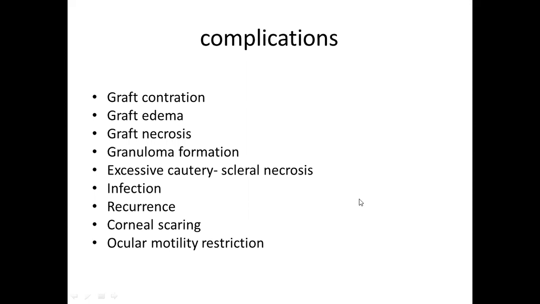If there was no restoration of blood supply to the conjunctiva that you placed, you may have necrosis. You may have granuloma formation too, one of the exaggerated inflammatory processes. Then excessive cautery can cause scleral necrosis. There may be infection.